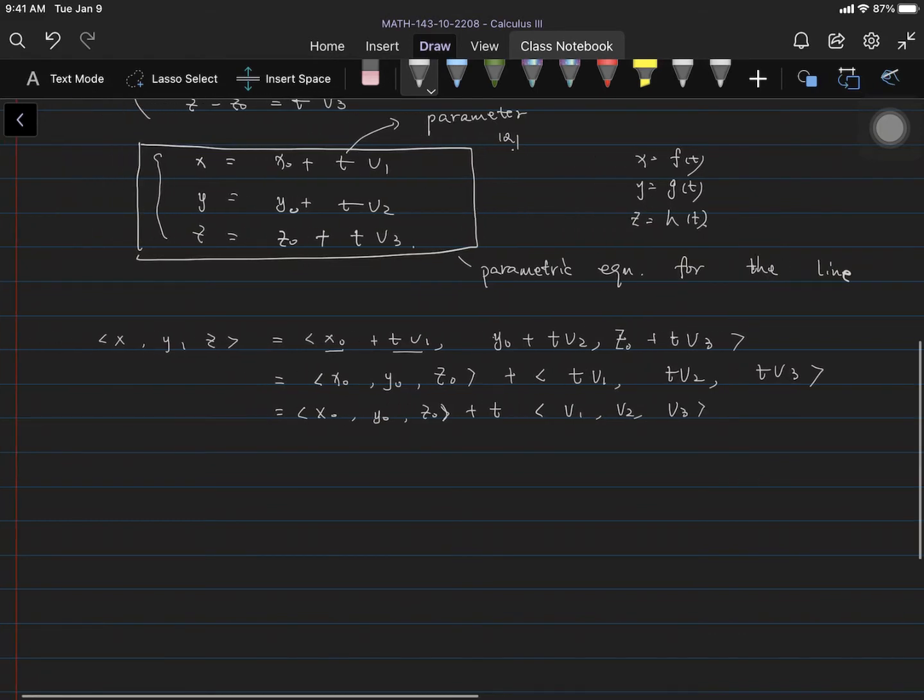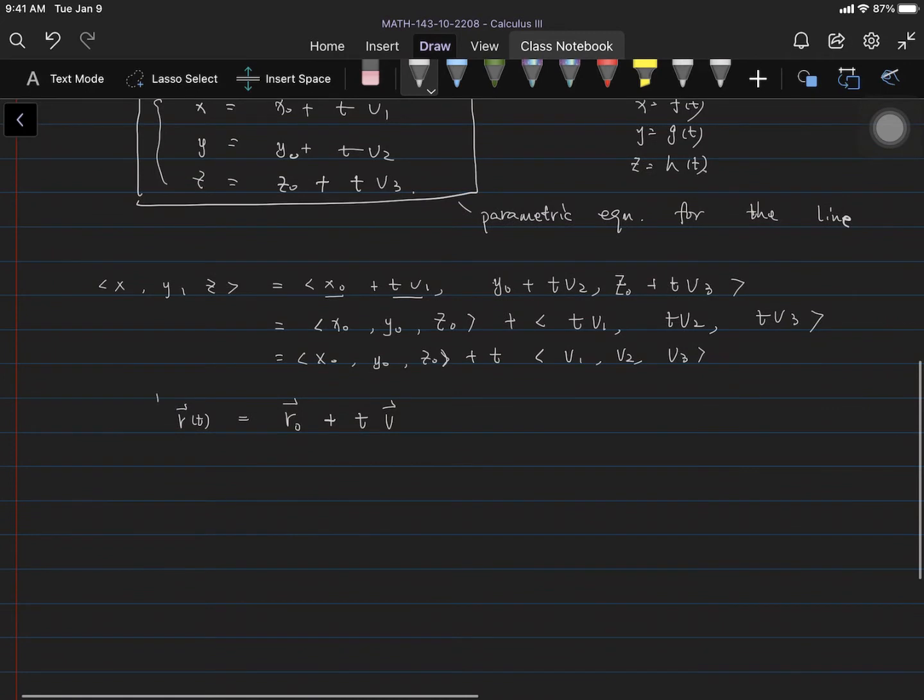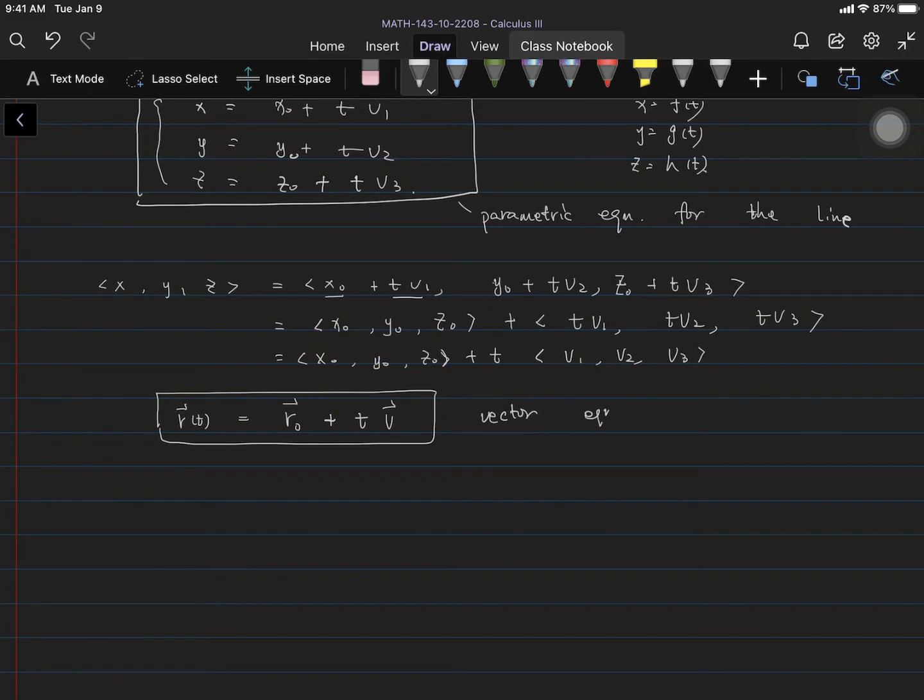Now we write x, y, z as the vector r of t, and x naught, y naught, z naught as the vector r naught, plus t times the direction, which is called the v vector. So this is called the vector equation for the line.